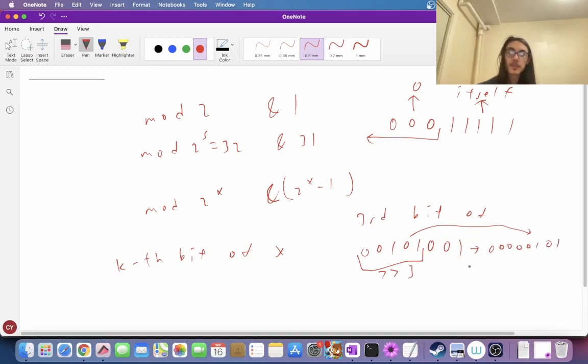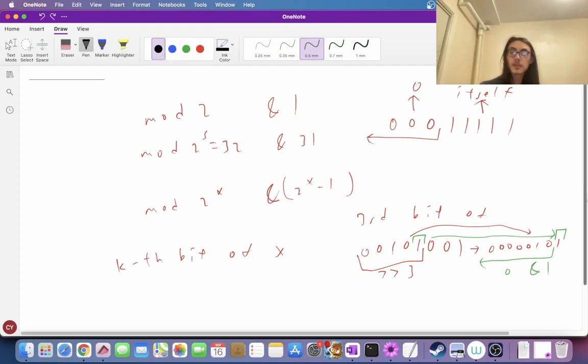So this shifts 3 to the right, and therefore now the 3rd bit is at position 0. So all we need to do is isolate the bit in position 0, and we know how to do that. We bitwise AND it with 1, so that everything else gets deleted and we only get this bit.